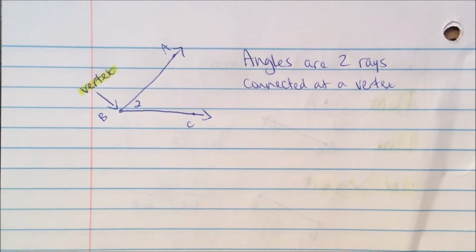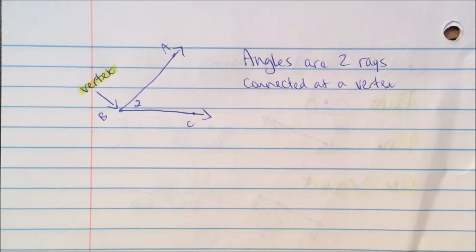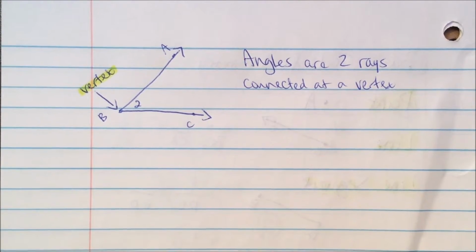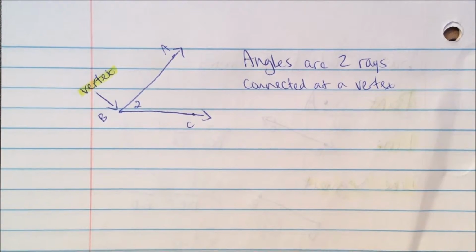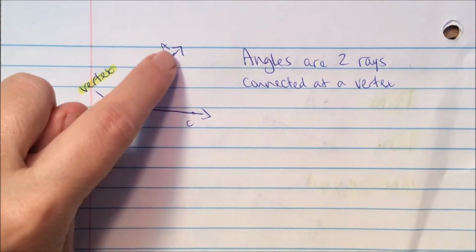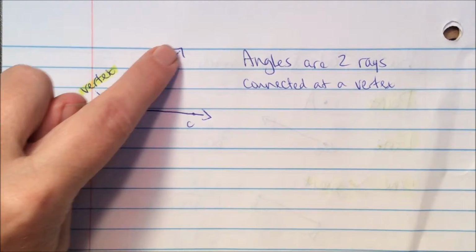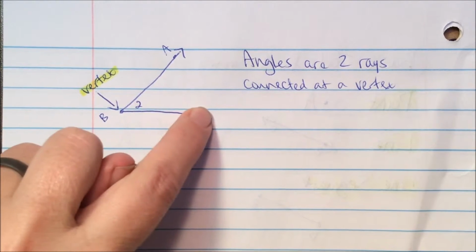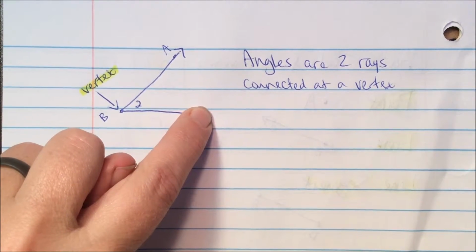I don't know why exactly kids have such a hard time naming angles, but they really do. They really struggle with it. So if you were going to trace the angle, that's exactly how you would name it. Start with one of the arrows and just trace it and go to the other arrow. Literally, that's it.